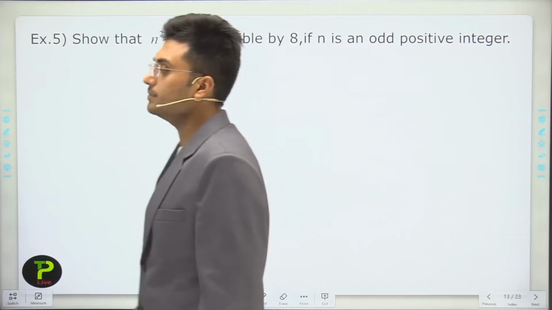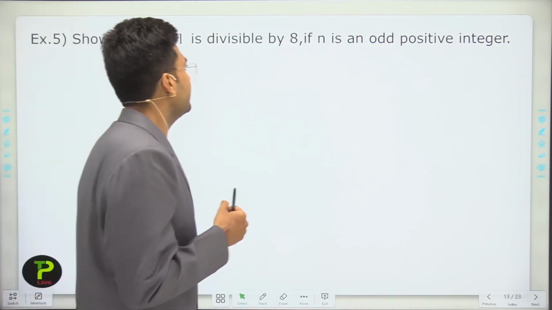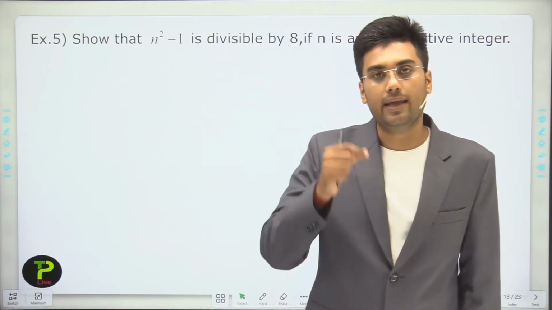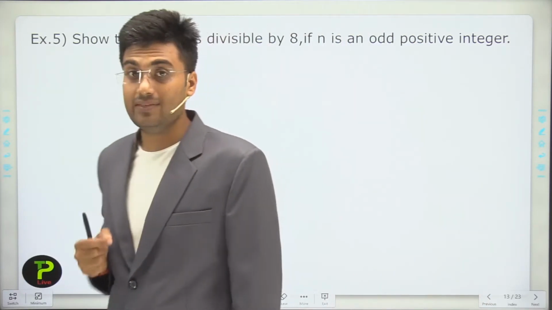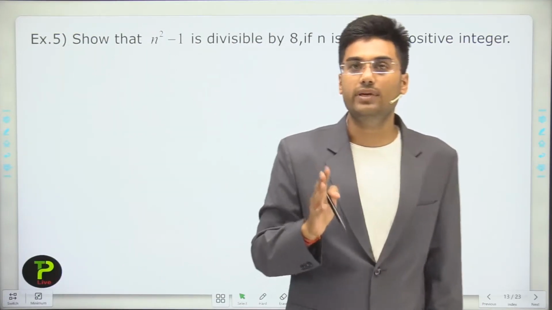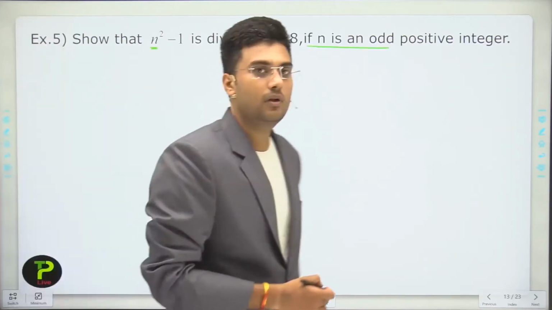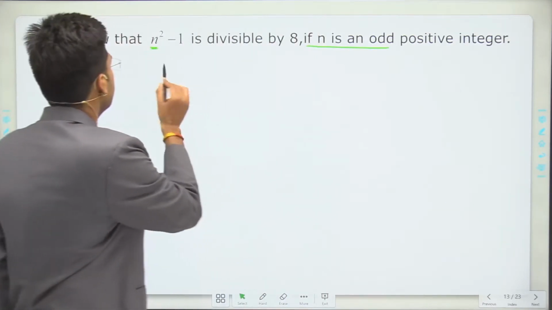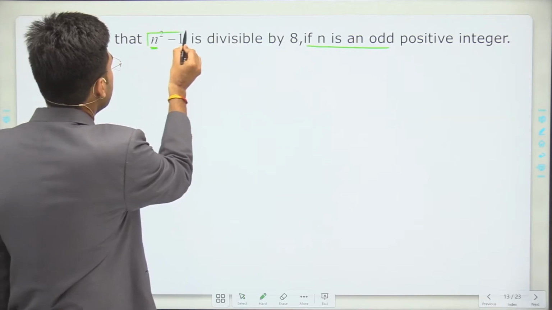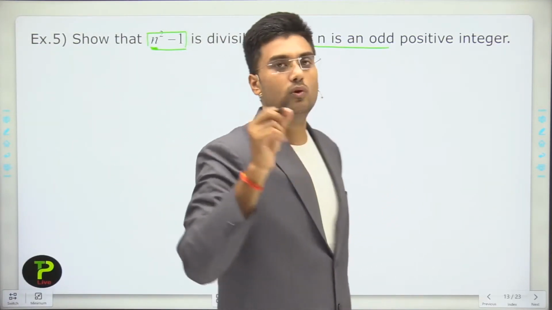The next question is: show that n² minus 1 is divisible by 8 if n is an odd positive integer. Dear students, in this question it is given that we have to show that n² minus 1 is divisible by 8 if n is an odd positive integer.